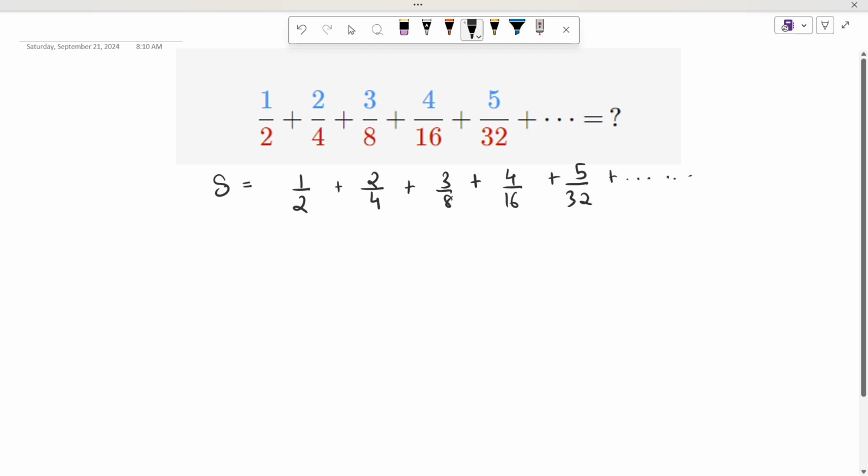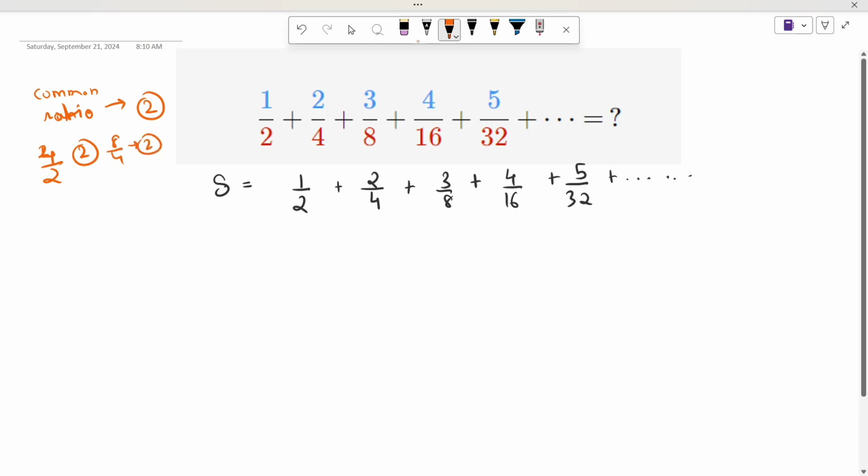So we know that the common ratio in the denominator GP is 2. We can calculate it by 4 divided by 2, that gives us 2, or 8 divided by 4, that gives us 2.